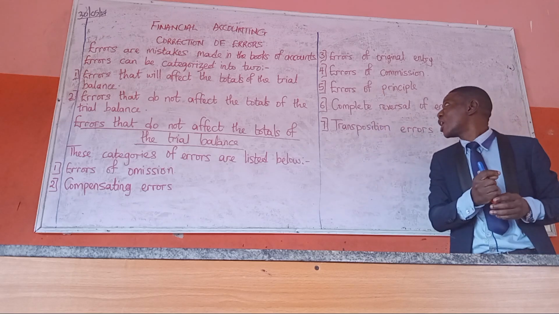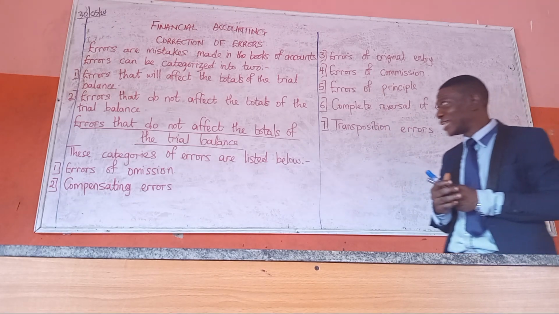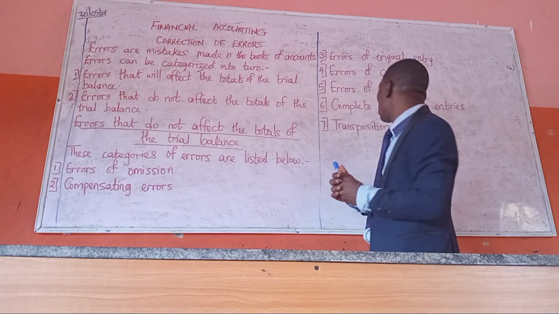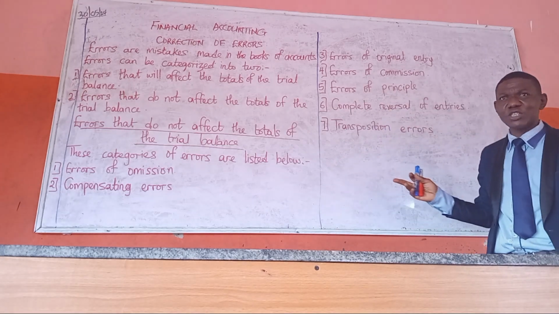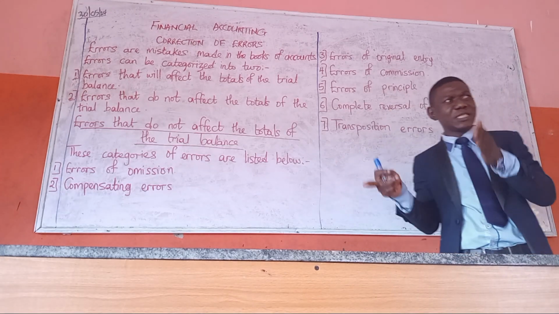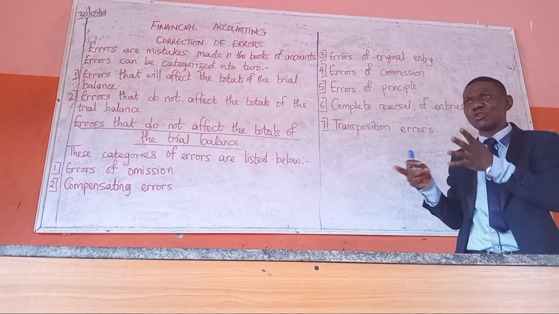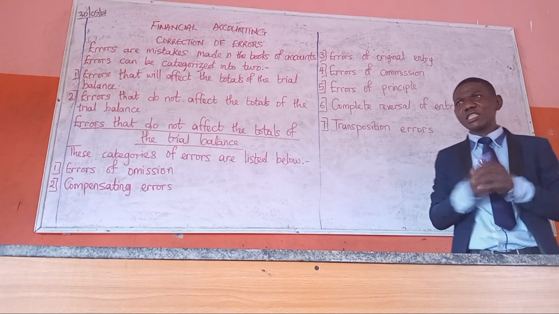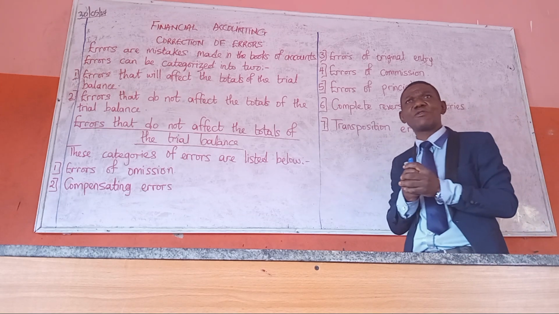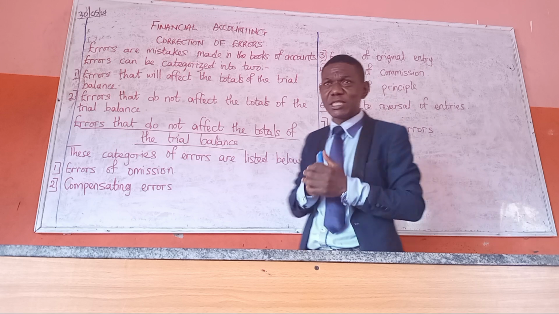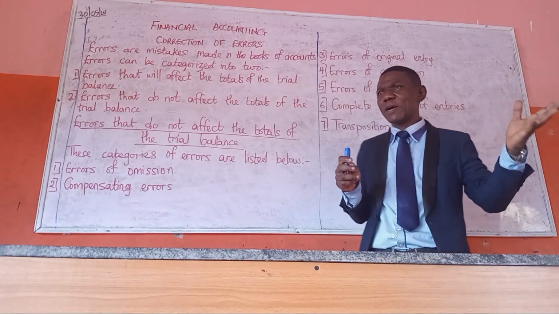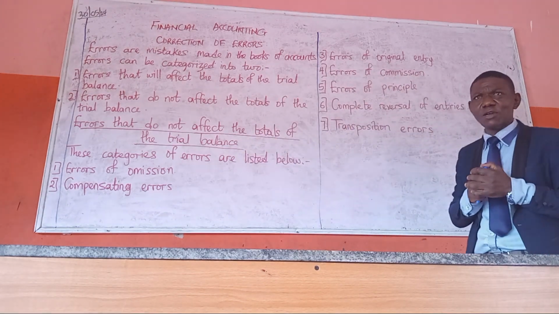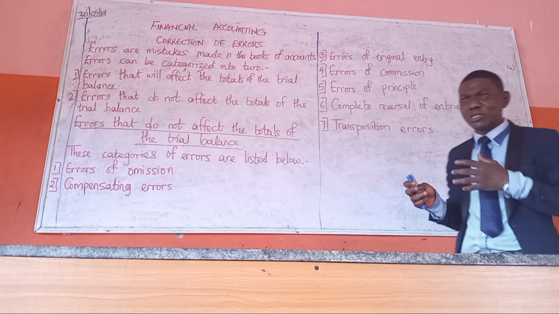Then let's go to errors of principle, which is the next one. Errors of principle is talking about classification of accounts. That is, you have posted into the wrong class of accounts. You can still remember that we have different classes of accounts. You have personal account, real account and nominal account. Under the personal, we have the debtors and the creditors.